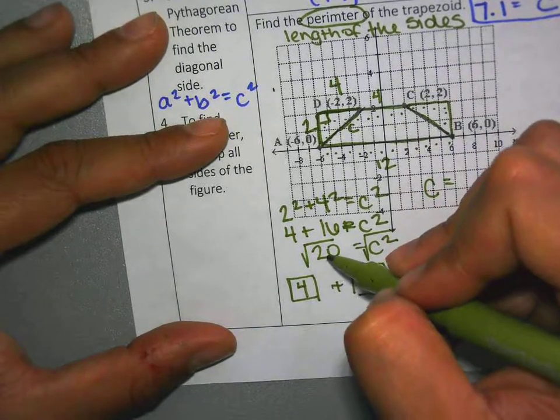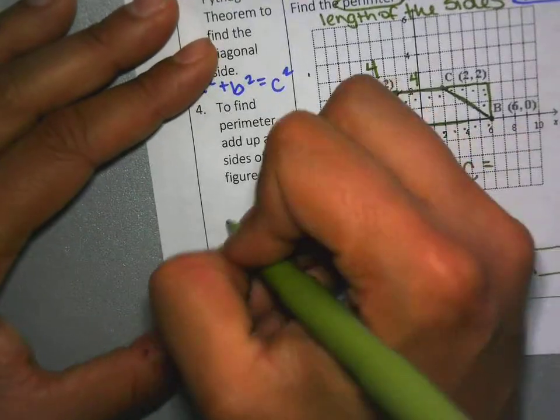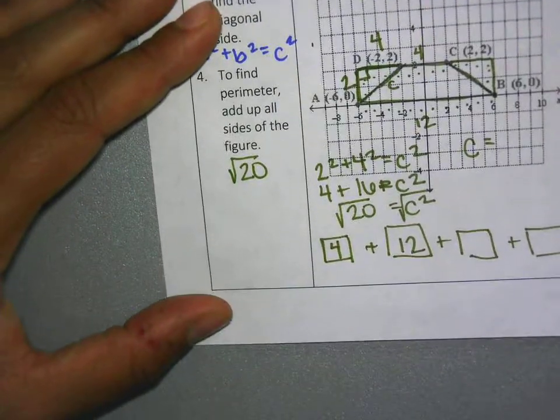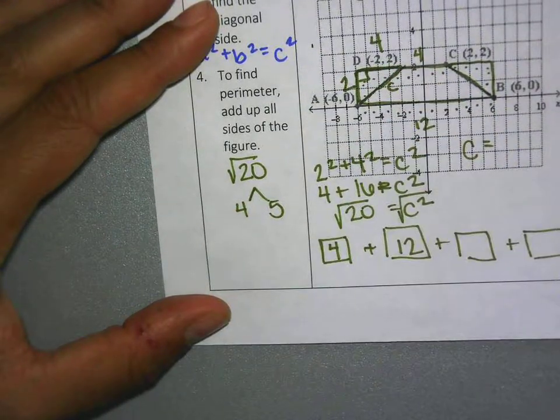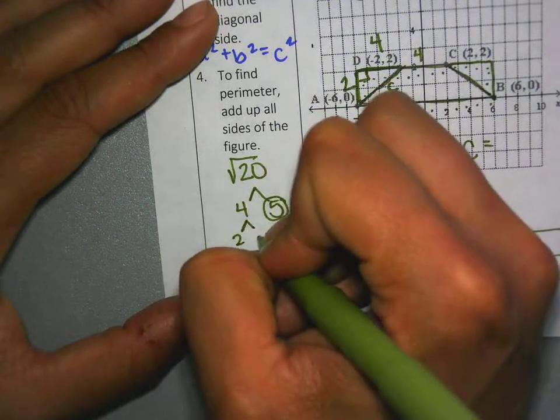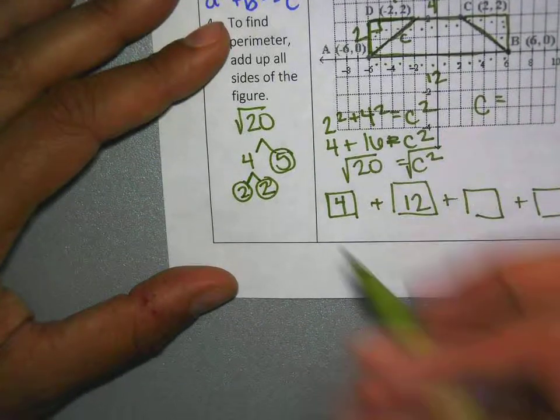And then the square root of 20 can be simplified. It's not a prime number, so I'm going to go ahead and do that over here. 4 times 5 gives me 20. 5 is a prime number, so I will circle it. 4 is 2 times 2. Those are prime numbers, so I circle them.